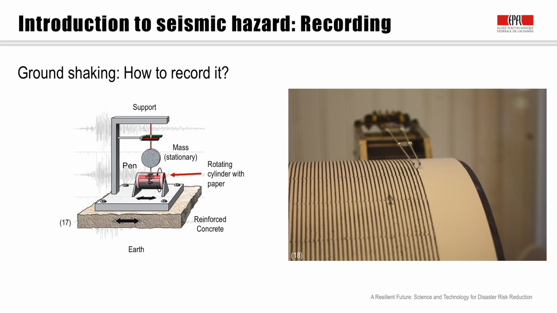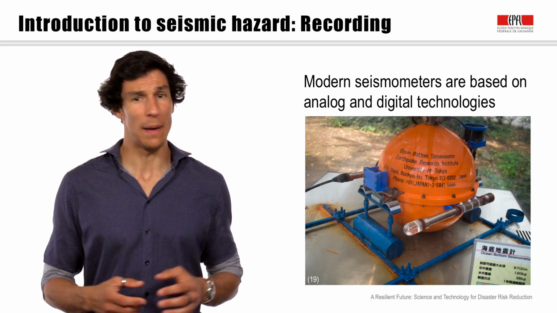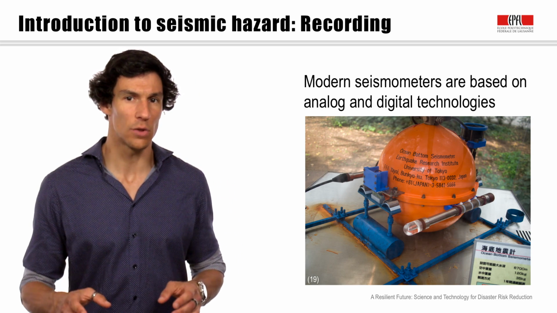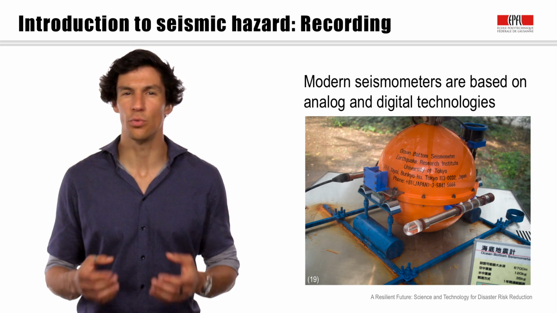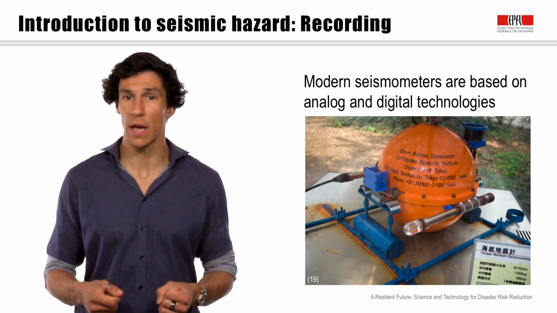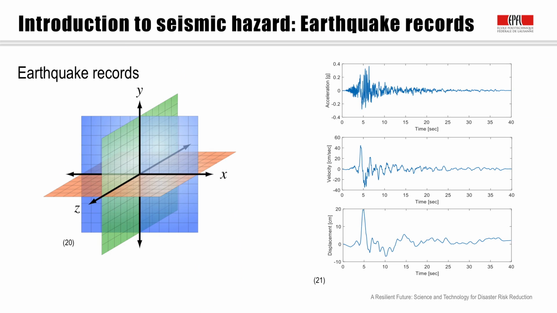The relative displacement between the shaking part of the seismograph and the motionless part is what is recorded. Modern seismometers, based on analog and digital technologies, allow not only to register the displacements associated to ground shaking, but also ground motion records of acceleration and velocity.